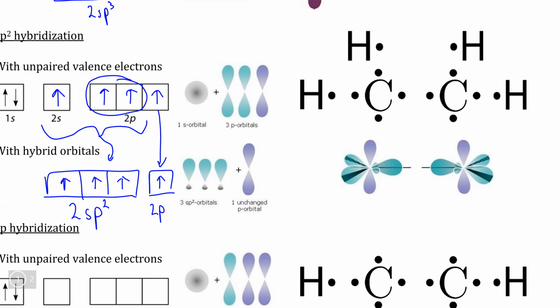Now, if we look at how carbon forms a double bond, the compound that we're looking to make is C2H4, which we know from organic chemistry is ethene.